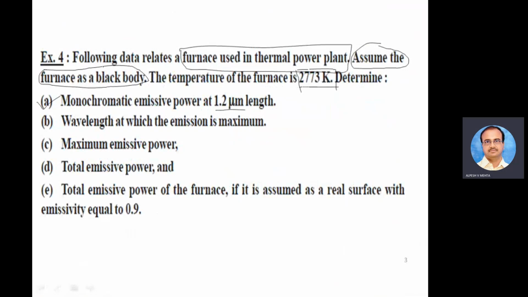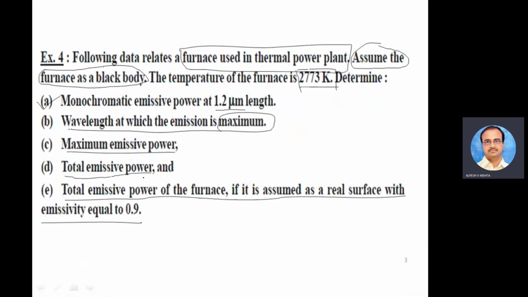Second, we have to find the wavelength at which the emission is maximum. Third, the maximum emissive power. Fourth, the total emissive power. And fifth, the total emissive power of the furnace if it is assumed to be a real surface with emissivity equal to 0.9.